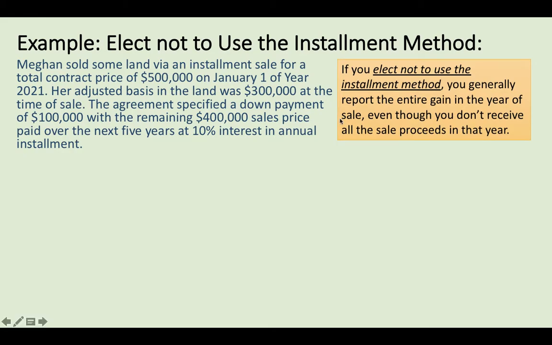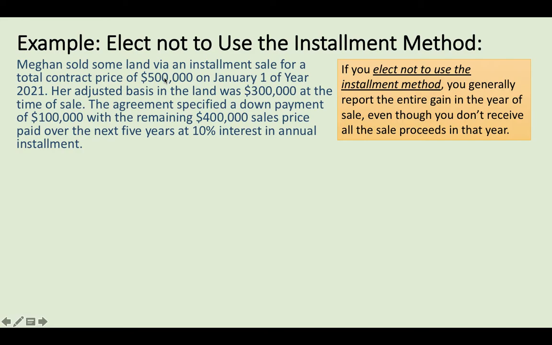The IRS says if you elect not to use the installment method, you generally report the entire gain, which is $200,000, in the year of the sale, even though you don't receive all the sale proceeds in that year. The buyer still pays you in installments, but you have already recognized the gain.